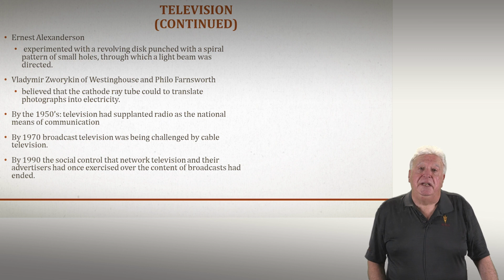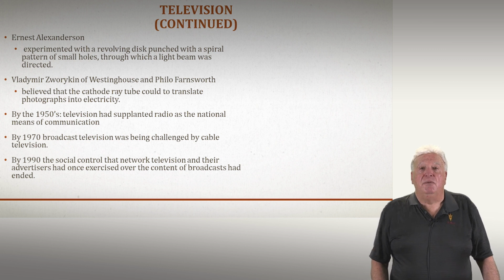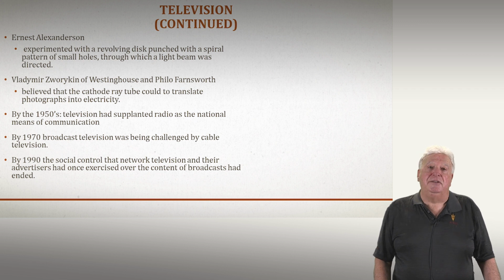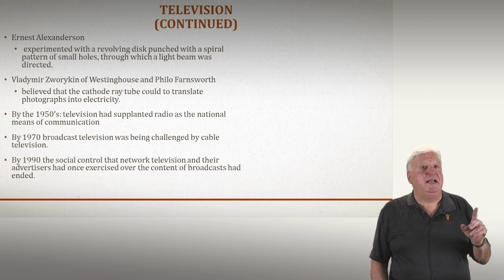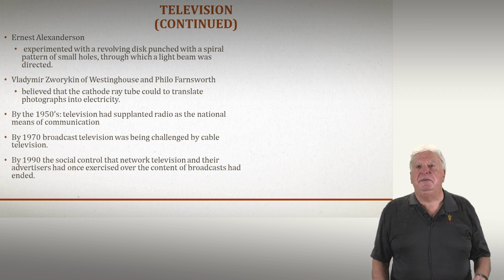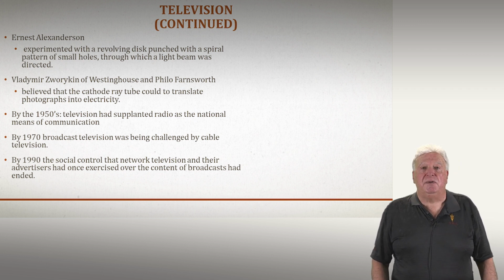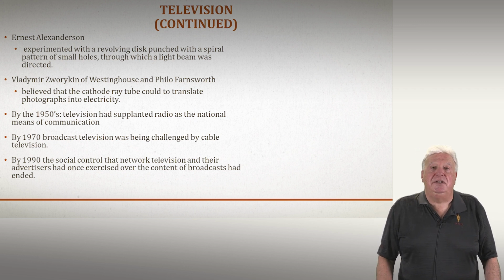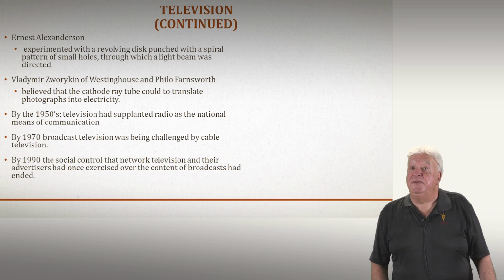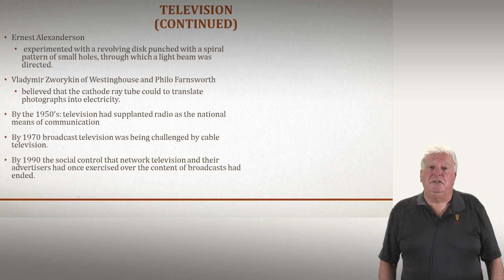Yet by 1970, broadcast television, which had reigned virtually supreme for the previous 2 decades, was being challenged by yet another new medium, potentially more flexible and more global: cable television. Once a sufficient number of customers had become regular subscribers, the cable television companies invested some of their own funds in producing some of their own local programs in their local studios.